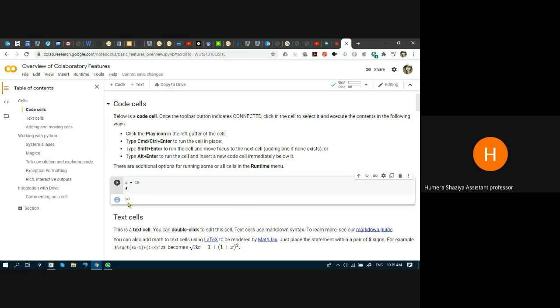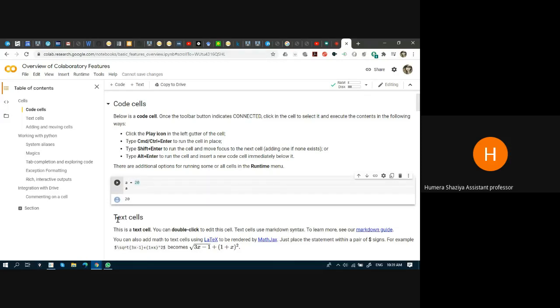You get 10. If I change this value to 20, I get 20. This is executing. This is one way.